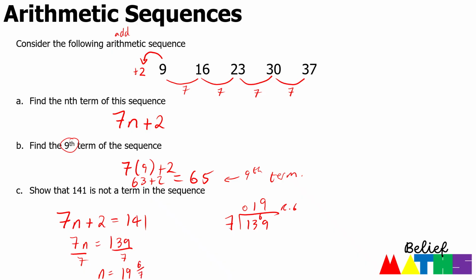Okay, so because that's not a whole number, so not a positive integer, 141 is not in the sequence. Okay, if we got an answer where we divided by 7 and got 20, for example, then we would have said, yes, it is in the sequence, because n was a whole number.